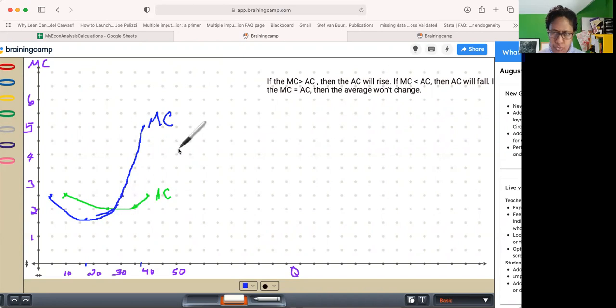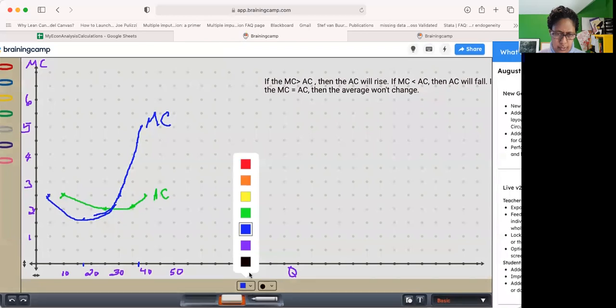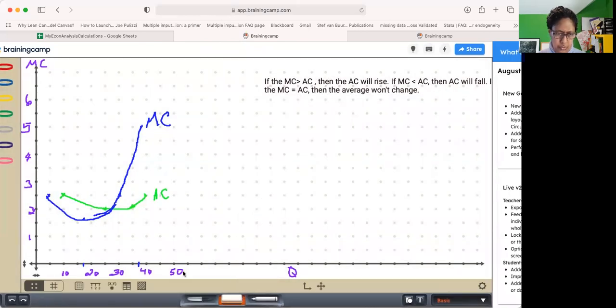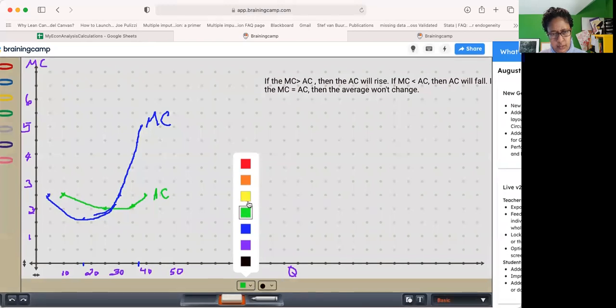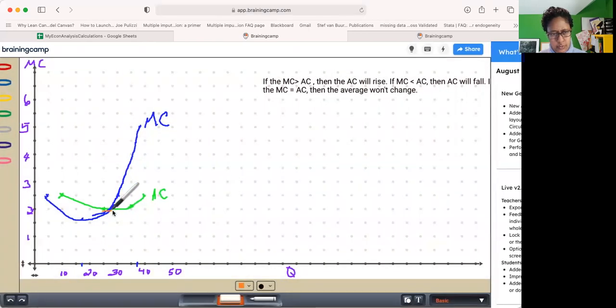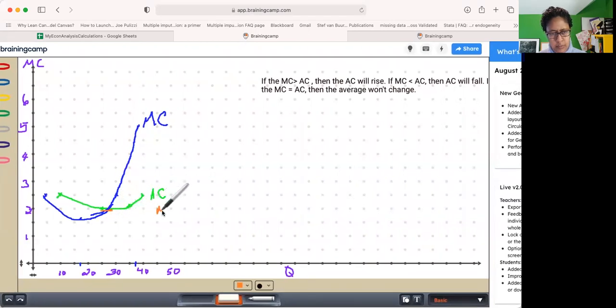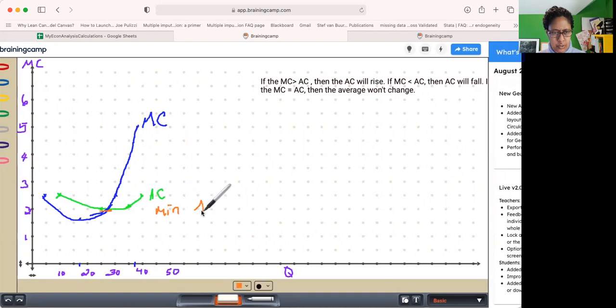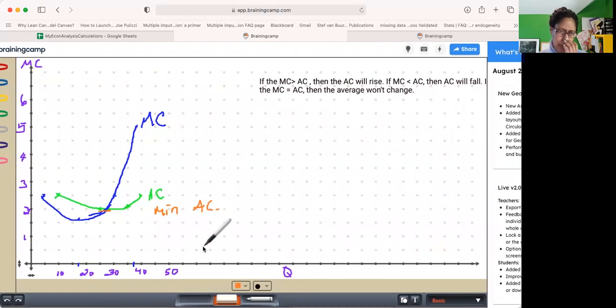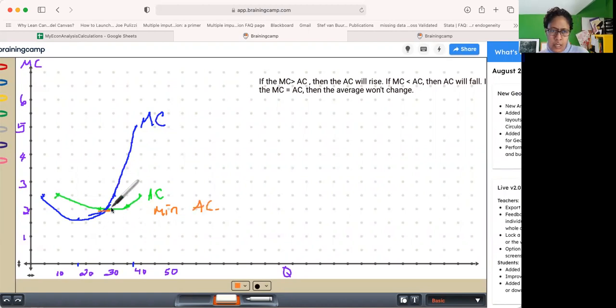And then my drawing is not the most beautiful here, so I want to rely on you for a little bit of intuition. We'll do more examples. This is going to be, and let me highlight it, the minimum of the average cost curve. We're going to come back to that. It's going to be an important point. Beyond that, the marginal cost, if we follow this pattern as we join all our points, assuming some kind of continuous marginal cost function, is going to drag up the average.